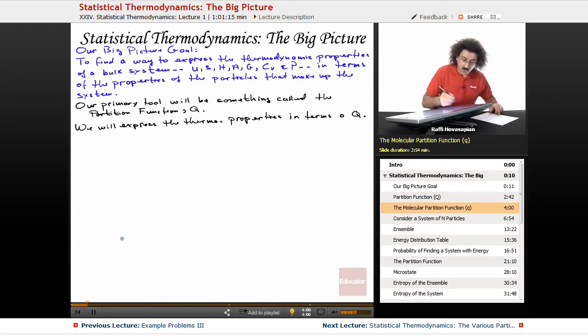Now, we then introduce small q. This is called the molecular partition function.